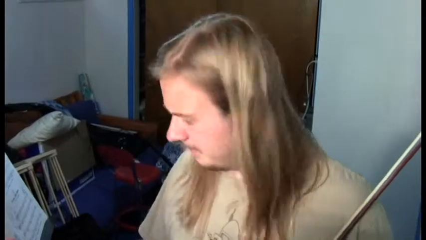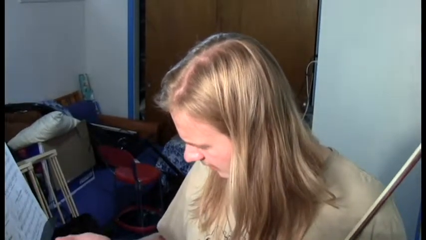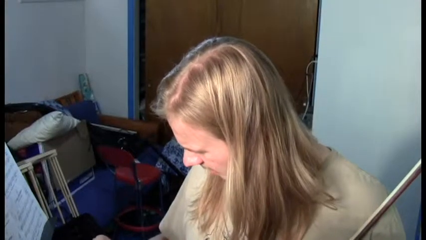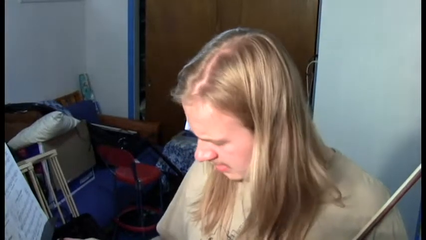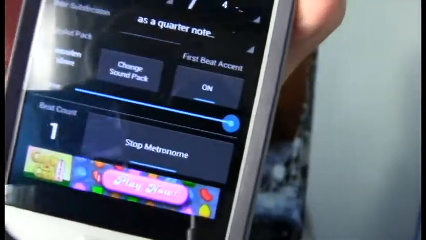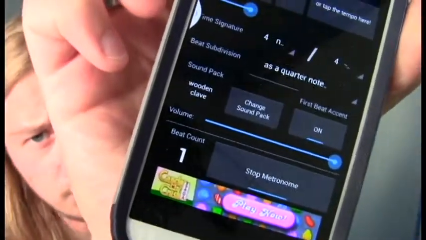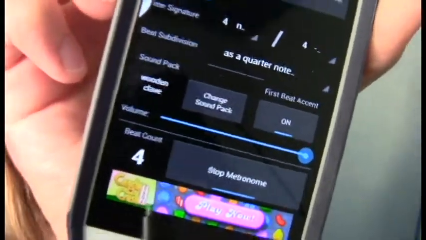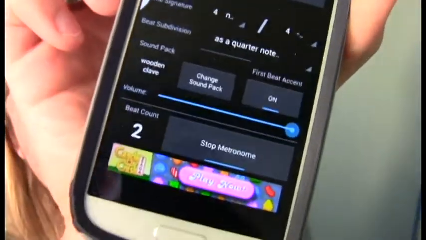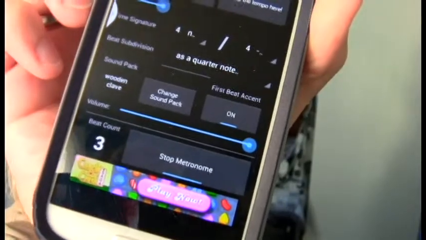So this is my metronome, and I would try to get one similar to this, where there is a number explaining what beat you're on. So that's 1, 2, 3, 4. If we're counting in subdivisions, we put an and in the middle of these. So 1 and 2 and 3 and 4 and 1 and 2 and 3 and 4 and.